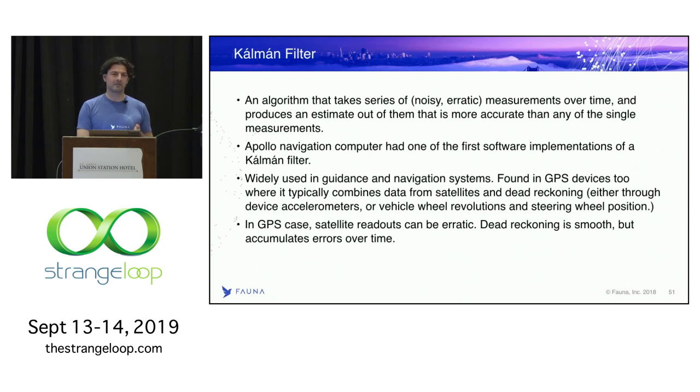The fun thing about the Kálmán filter is we don't use it yet in Fauna, but we are planning to use it, and it's also another little thing that in practice, typically what you see it in is GPS systems. So when your phone typically tells you, hey, you're here. Oh, you know what? You're actually here, and it pulls the little blue dot to somewhere more precise.